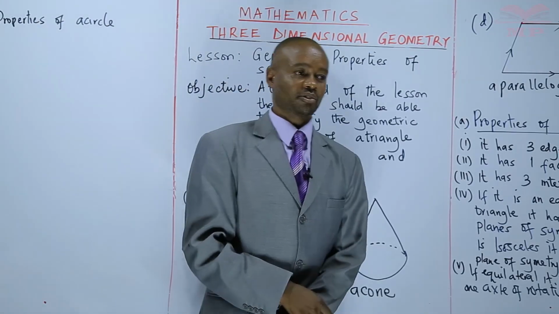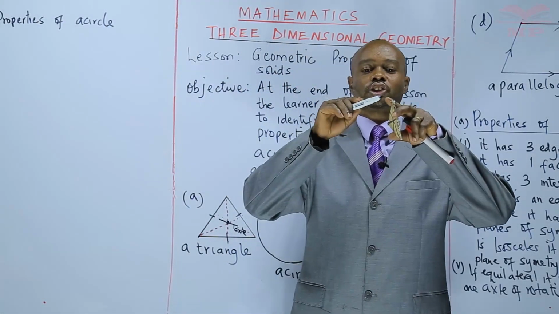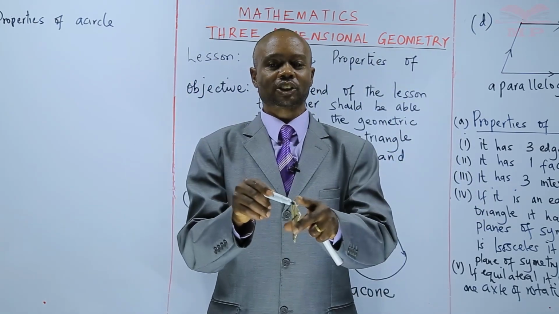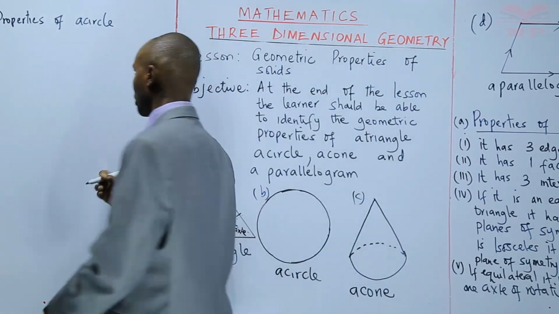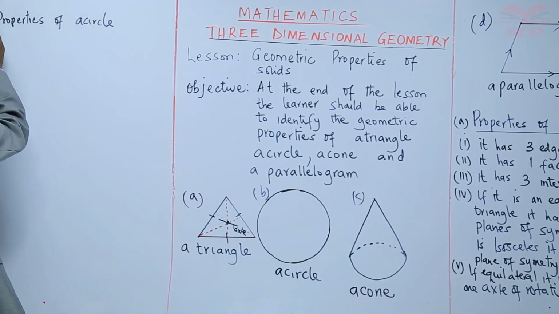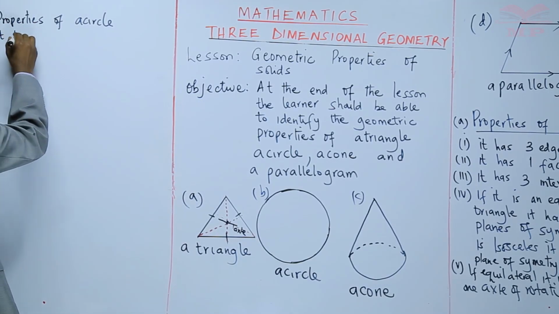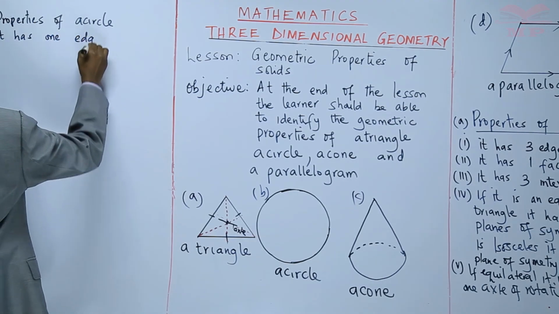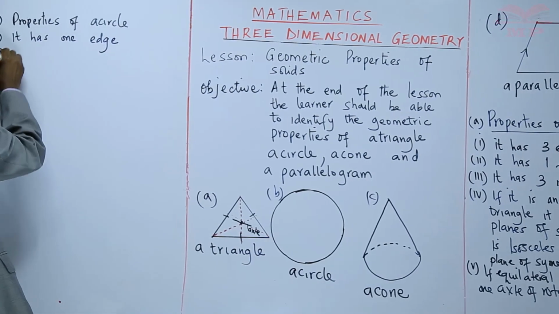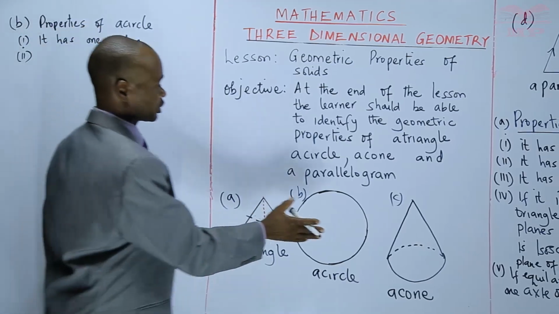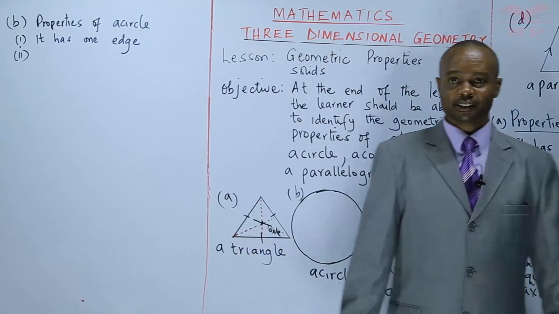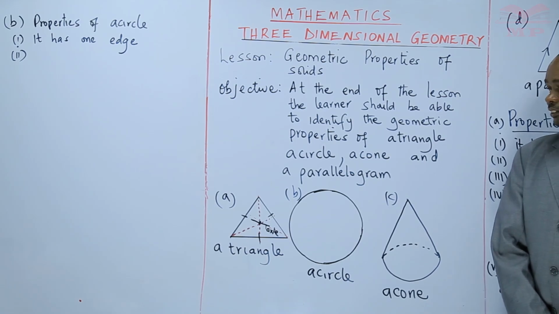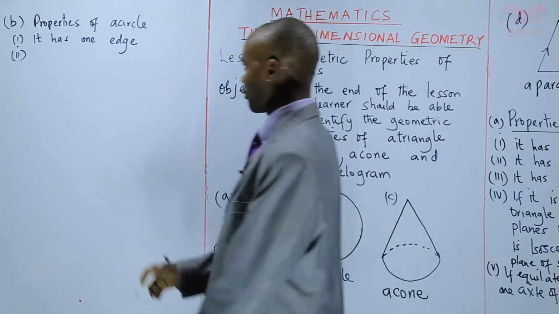Since the edge of that circle is a circuit, it just goes to complete one edge. So it has one edge. Number two, it has one face.